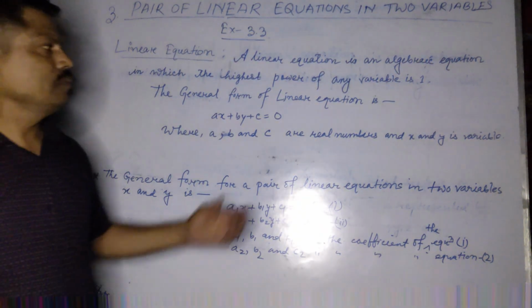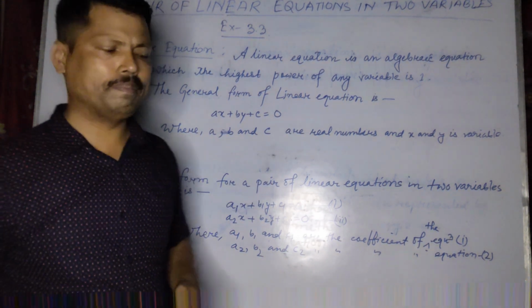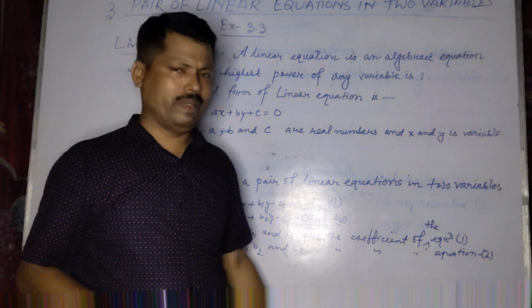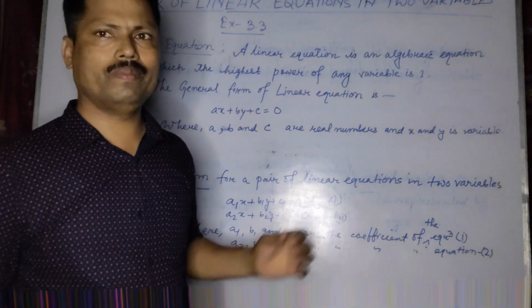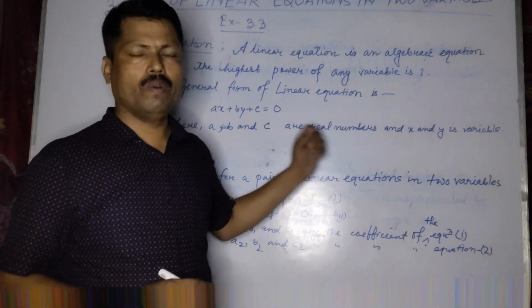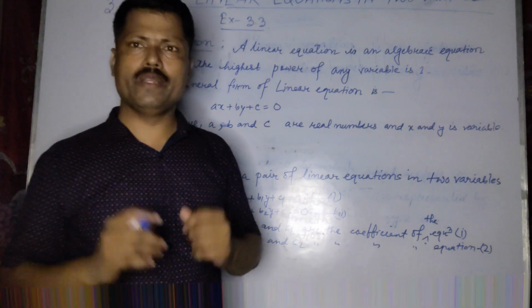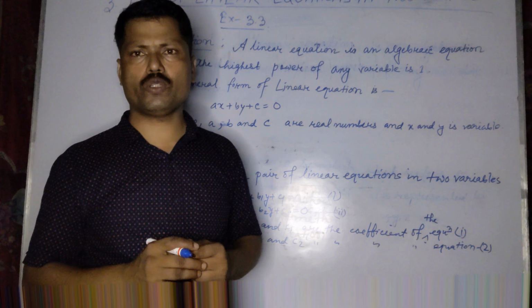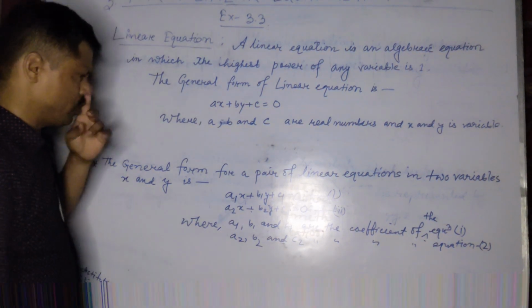So today we start exercise 3.3. There are three methods to solve linear equations. These three methods are: one, substitution method; second, elimination method; and third, cross multiplication method.